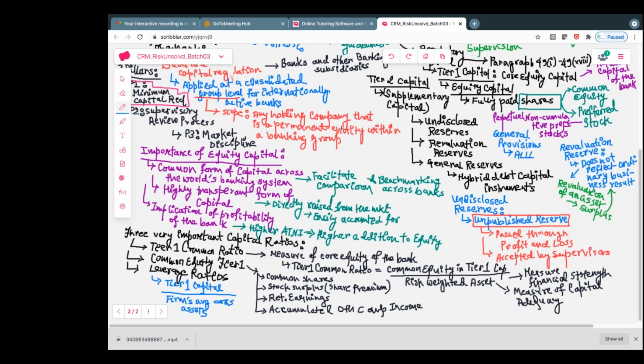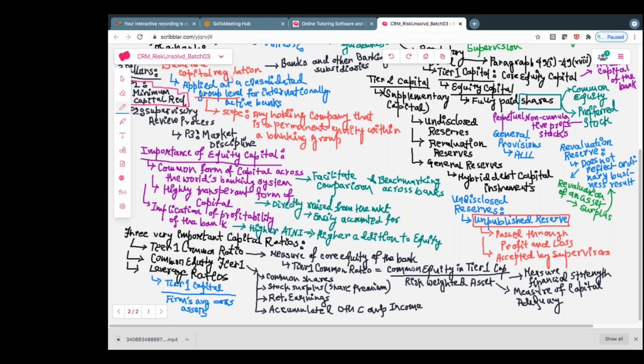Okay. Once more, your voice was getting muffled. Can you repeat once, if it's not a problem? Sure. Absolutely. So what I'm saying is that the common equity tier 1 is calculated by adding all these, right? So once you get that common equity tier 1, that is fed into the tier 1 common ratio.